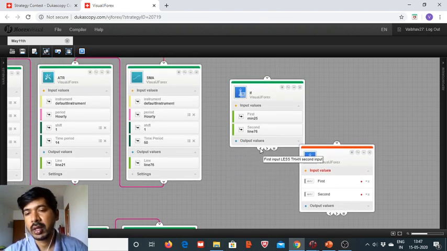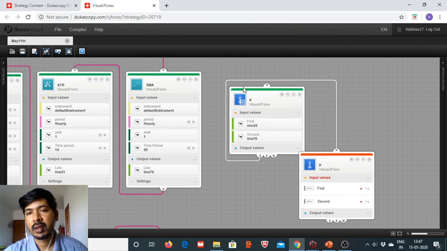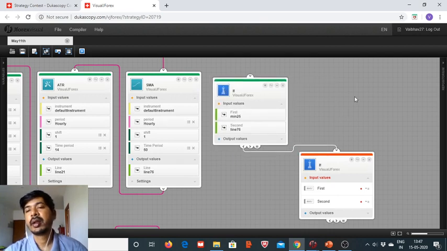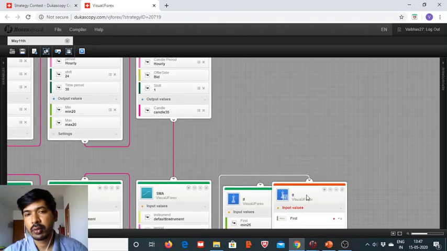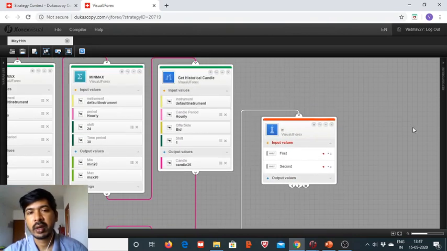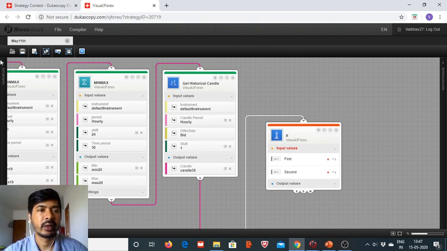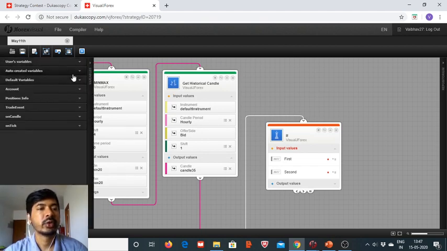Minima needs to be less than the SMA 50. And then we look at the historical candles data, closing price actually, and that is candle 35. Candle 35 closing level should be greater than the 50 SMA.